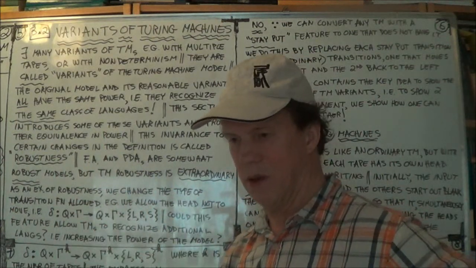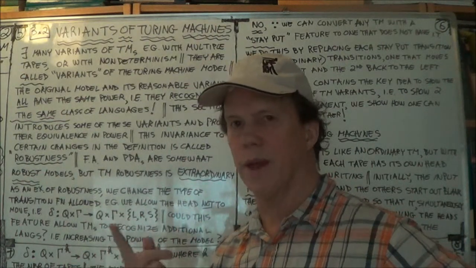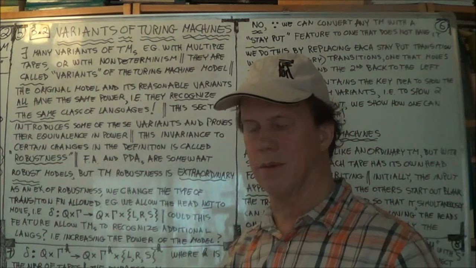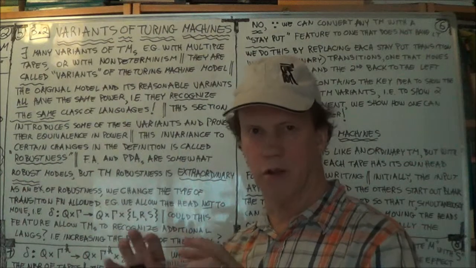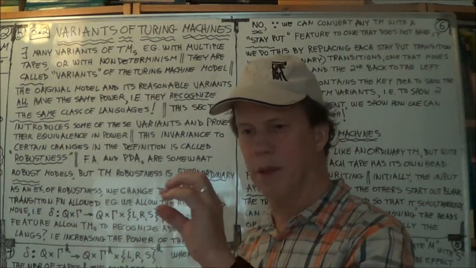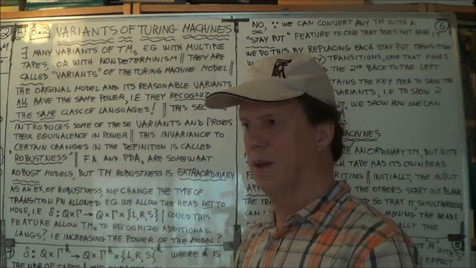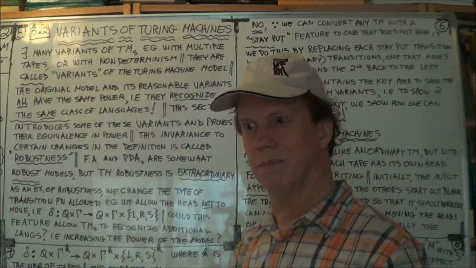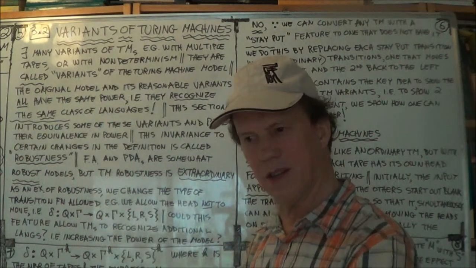But non-determinism, by definition, means the possibility of more than one next state. And when there is more than one next state, you split. You make a copy of the machine, and one copy will go down one branch of the configuration tree, the history of the configuration.